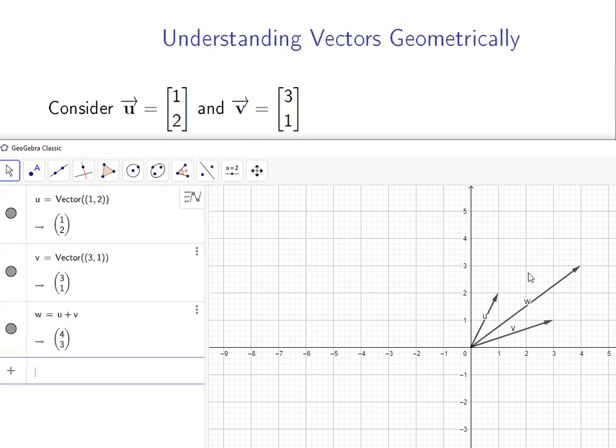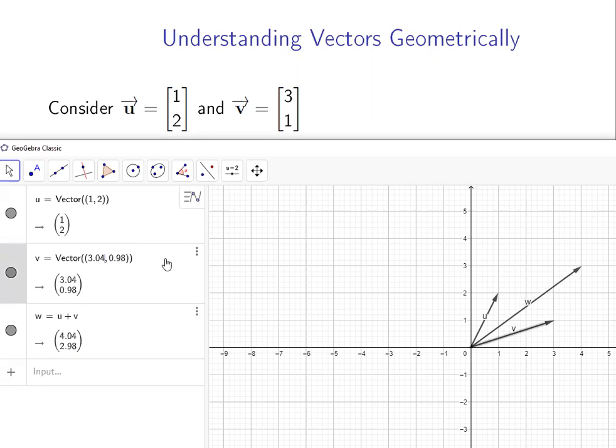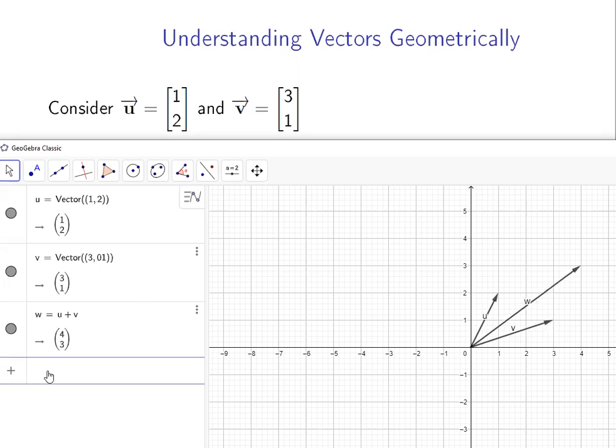However, now comes the question of what is u plus v. Notice that gives me a whole new vector. The reason for that is, if I take this vector u, and I do a new vector with a starting point of (2, 1) and an end point of (4, 3), oh, I want (1, 2).